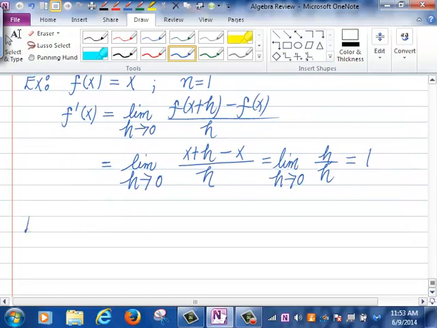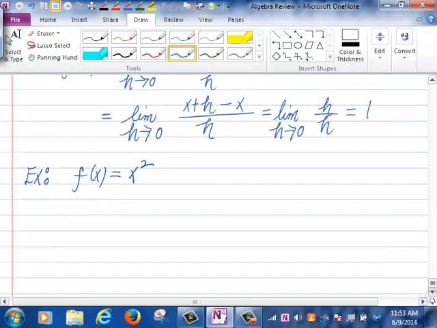Let's check one more whether my formula is correct. Let's take the function f of x equals x squared, and in this case, what's f prime of x? My formula says it should be 2x, so let's check whether that's correct.